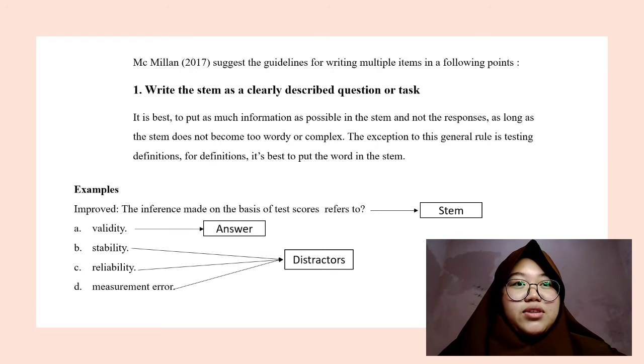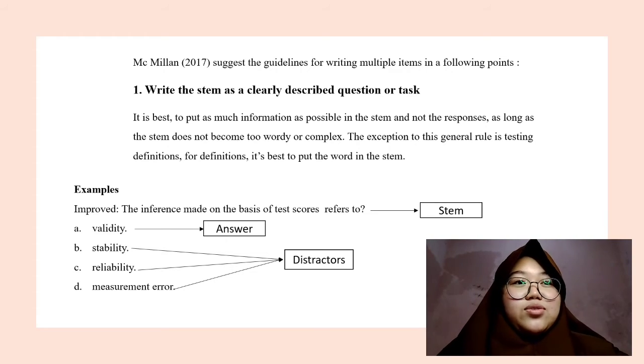Macmillan in 2017 suggests the guidelines for writing multiple items in the following points. First is write the stem as a clearly described question or task. It is best to put as much information as possible in the stem and not the responses, as long as stem does not become too wordy or complex.